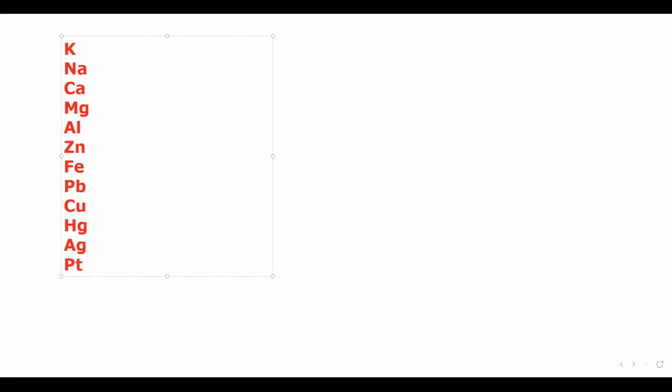It is easy to remember if you learn the position of hydrogen in this reactivity series. So we know hydrogen is between lead and copper. So this is the position of hydrogen.